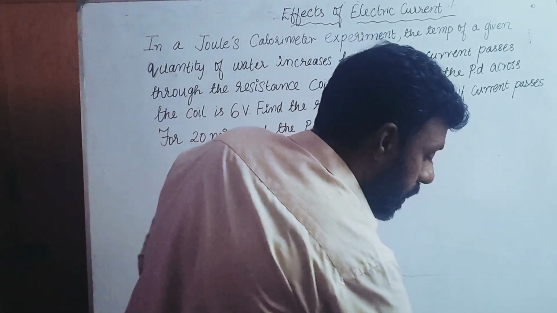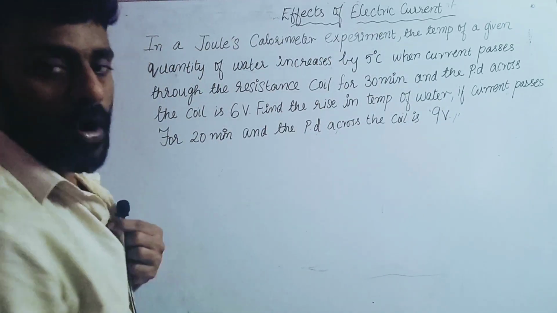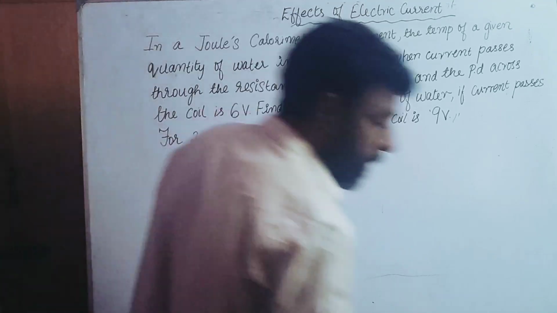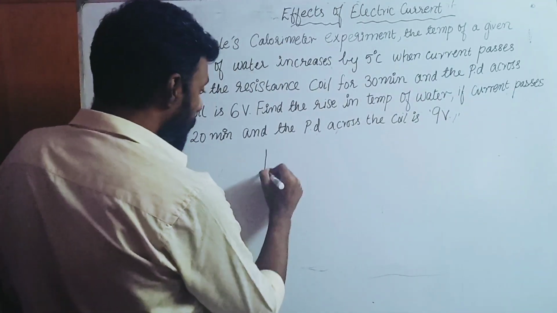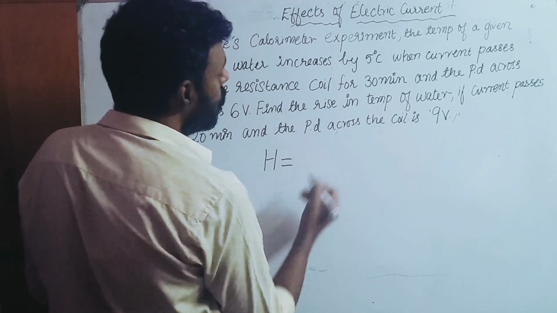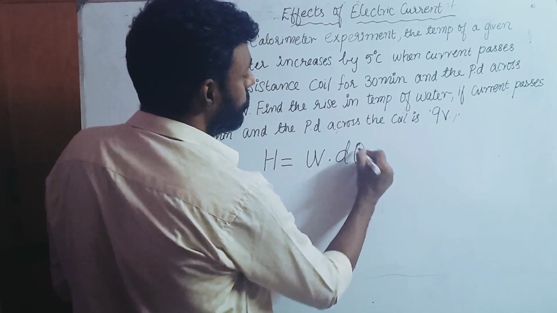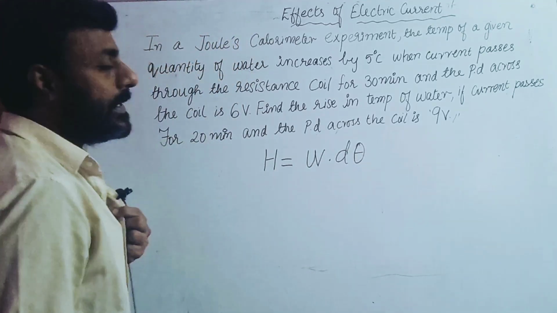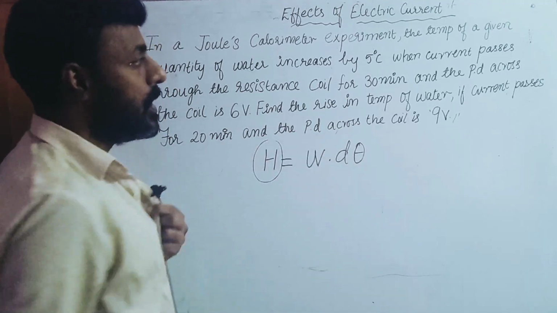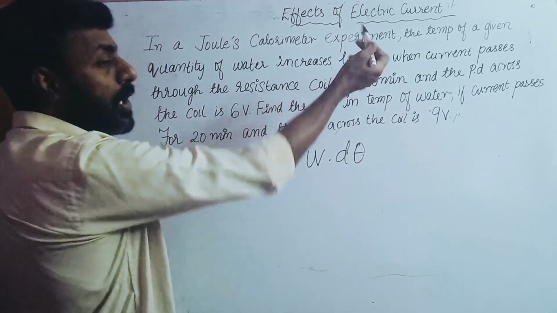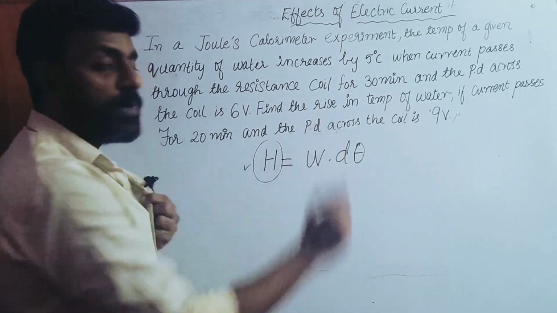For this question, I'm going to use a formula which is H equal to W into d theta. So what is H? H is the heat that is being produced, because when there is an increase in the temperature of water by 5 degrees Celsius, automatically heat energy will be produced.